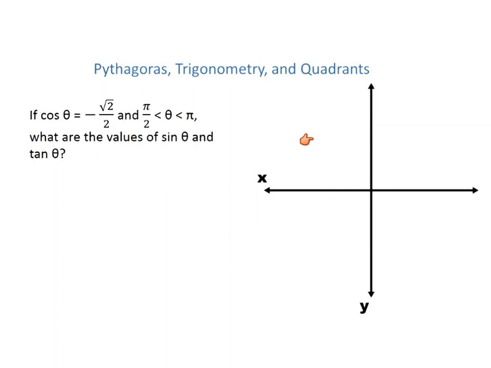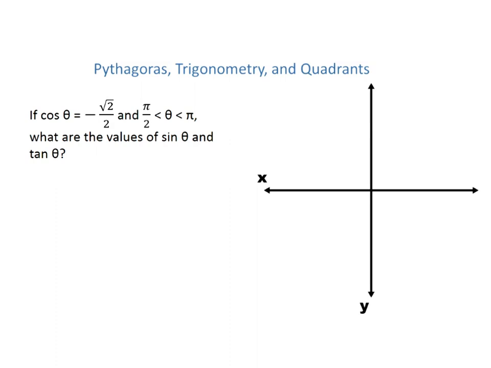So it's in quadrant 2. And what are the values of sine theta and tangent theta? Now, this value of cosine should look familiar to you if you have the unit circle in front of you, or if you're in the process of memorizing it, because this is one of the angles that we study in the unit circle.